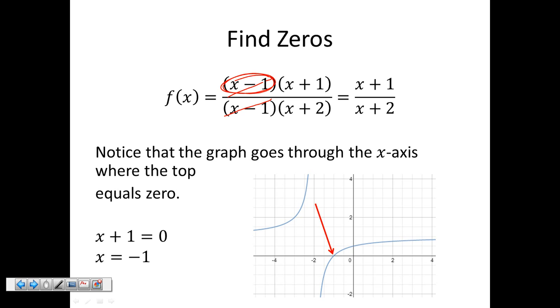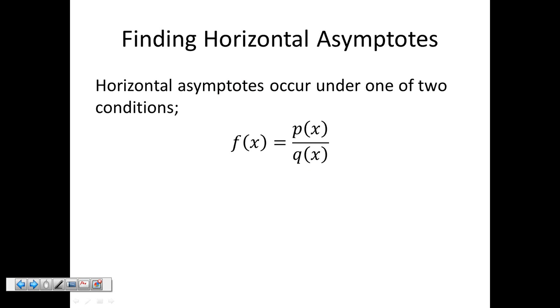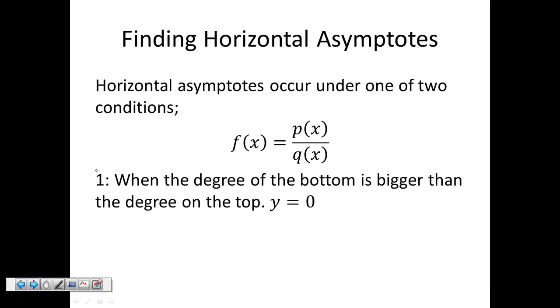All right. Now, let's talk about finding horizontal asymptotes. Horizontal asymptotes occur under one of two conditions. Okay, so these are basically rules of thumb for you to follow. Do I even need to bother to find horizontal asymptotes? My first condition is when the degree of the bottom is bigger than the degree on the top. Now, what do I mean by degree?